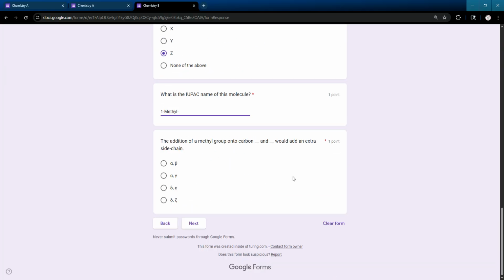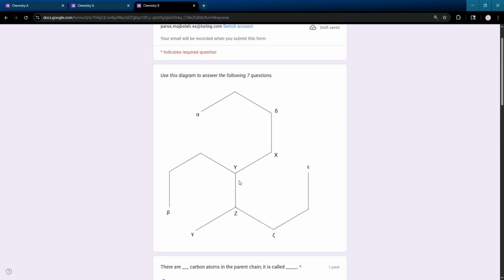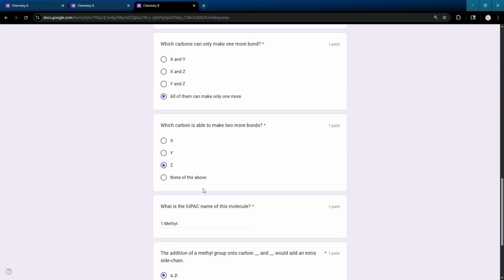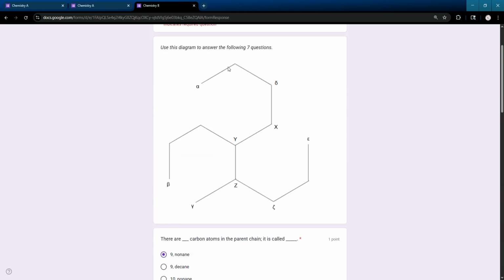That could be... I think it's the B. This one. Can have 2 side chains. A and B.